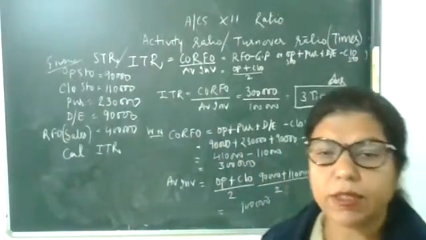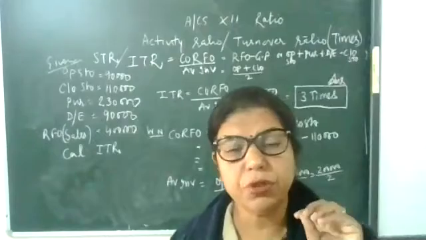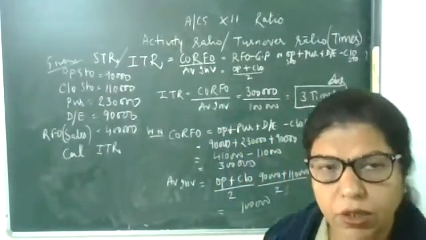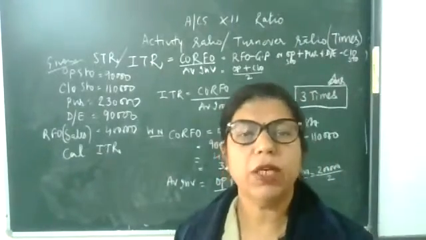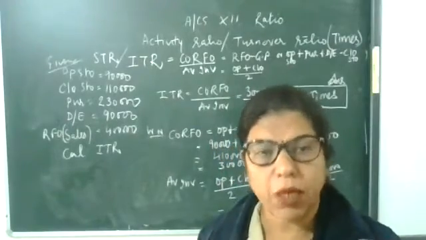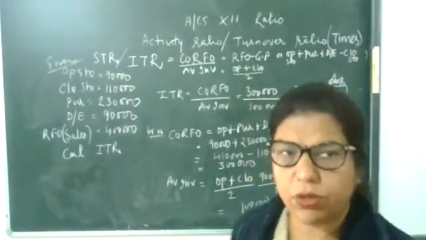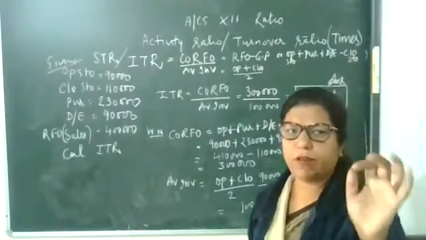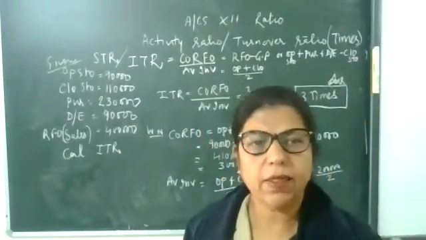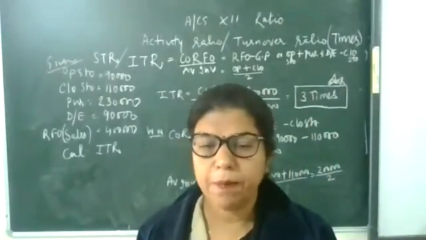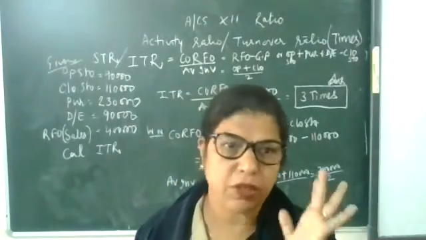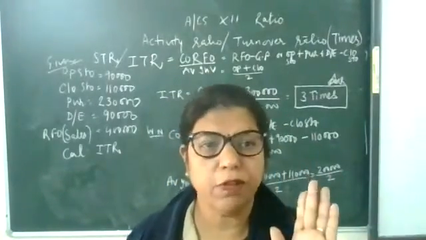Now, as I explained to you yesterday, you should write the formula at every step. So if your calculation is wrong, you can still get the marks for the formula. Here is one advice: in these types of questions, the examiner can give you some extra information also. So don't be confused.